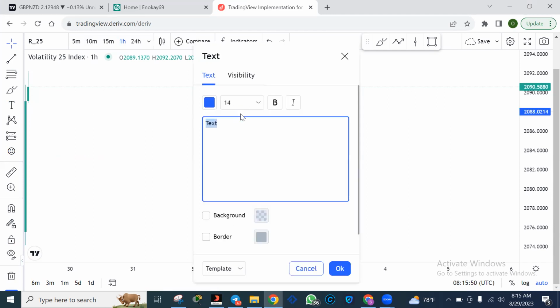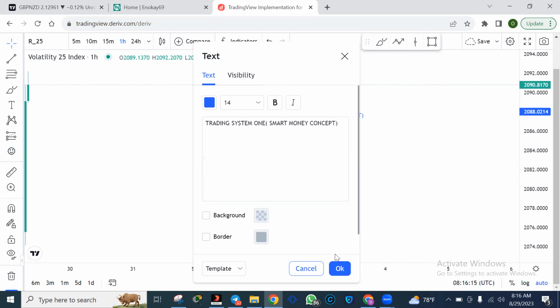There are two systems I'm going to be sharing with you guys. I'm going to be starting with trading system one. This is all about the smart money concept.